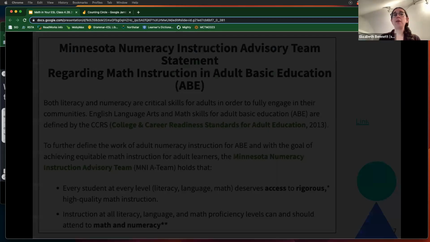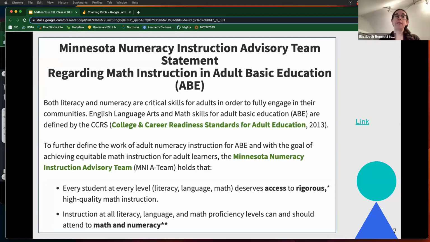The Minnesota Numeracy Instruction Advisory Team put out a statement a few years ago about how we really do need to be providing access to numeracy instruction at every literacy level, every language level of our classes, because it does affect people's lives. Another comment in the chat, just reading time off a clock. There are so many number skills involved with that. So thank you so much for your comments.